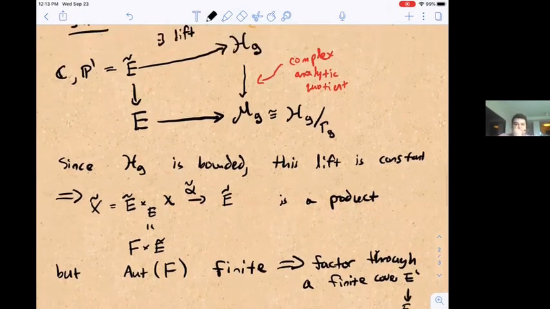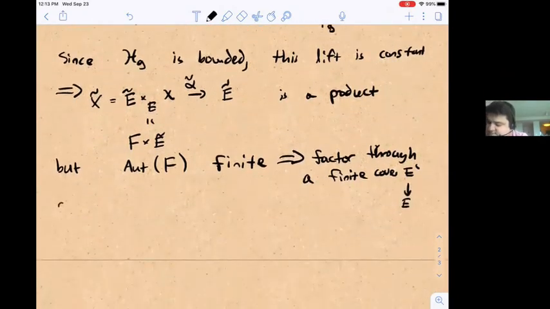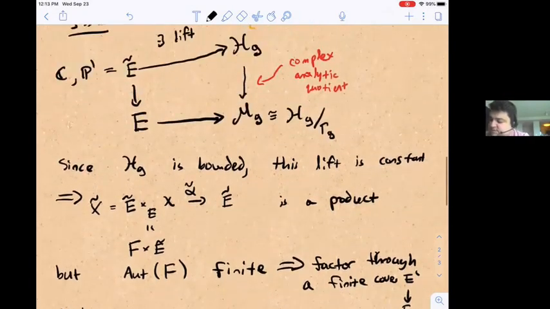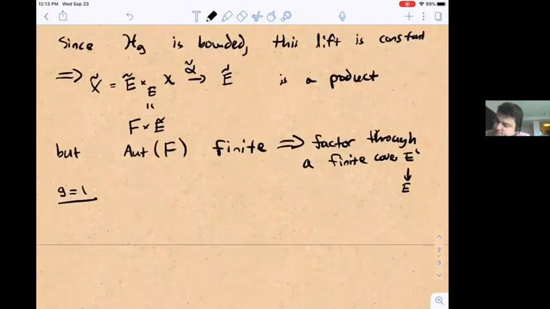Okay, so that's a very, very sketchy sketch. And then the genus 1 case is essentially the same thing, except that we don't have a moduli space for genus 1 curves. We need to add a marked point, so we need to look at elliptic curves.